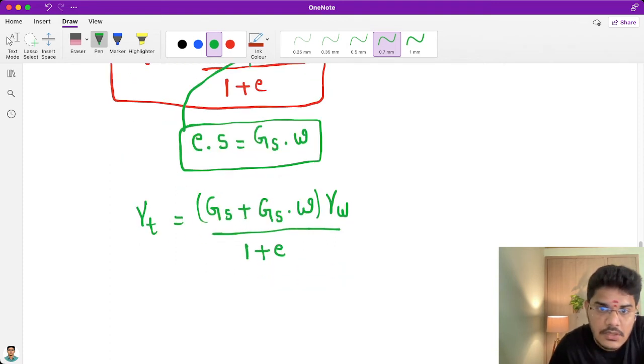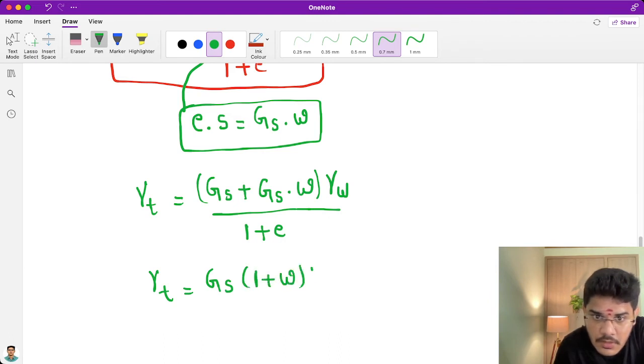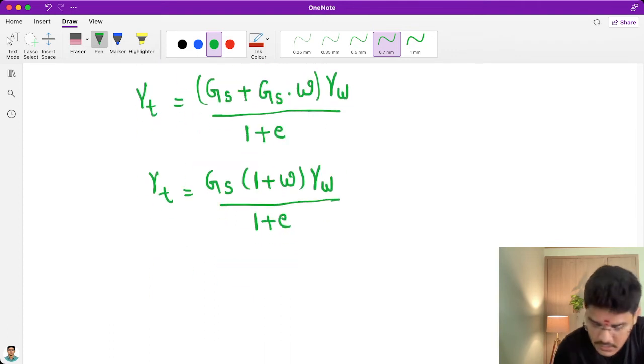In the same way, if we take Gs as common, then Gs into (1 plus w) into gamma w by (1 plus e).